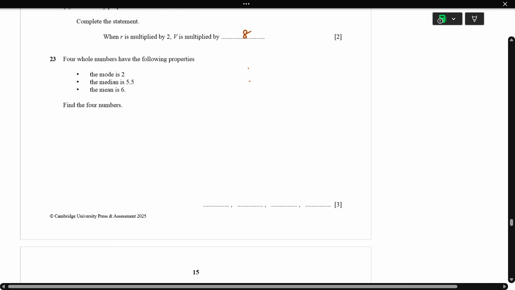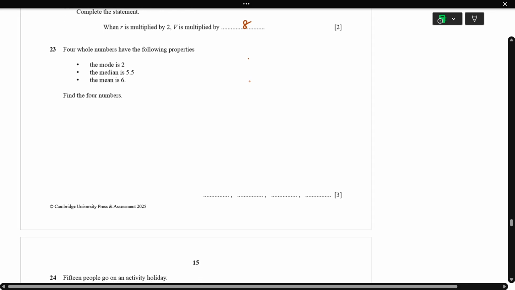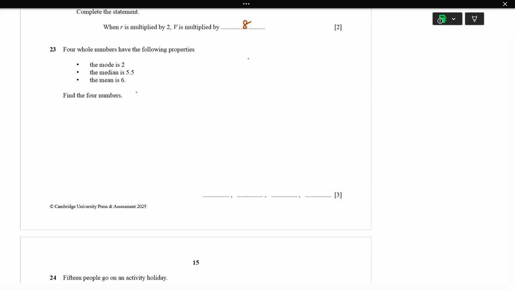Four whole numbers have the following properties: the mode is 2, the median is 5.5 and the mean is 6. The mode is 2, so there are two 2's. The median is 5.5, so when multiplied by 2 is 11, so 9 is going to be here.